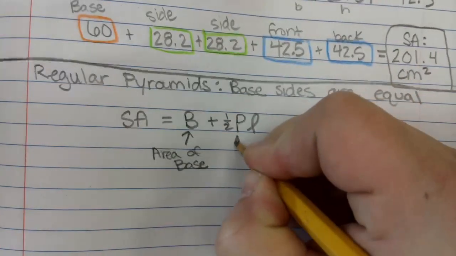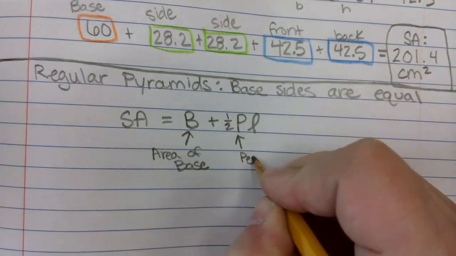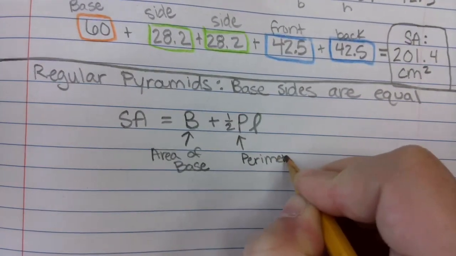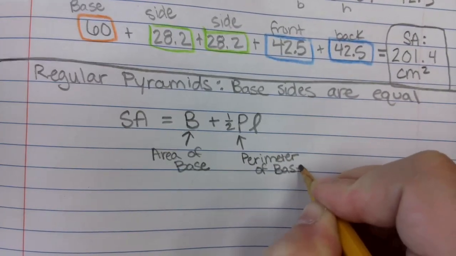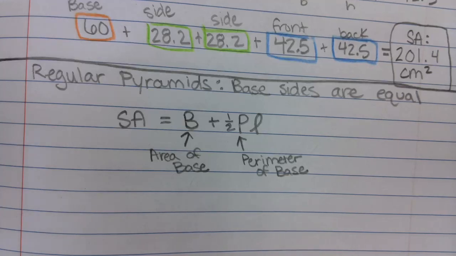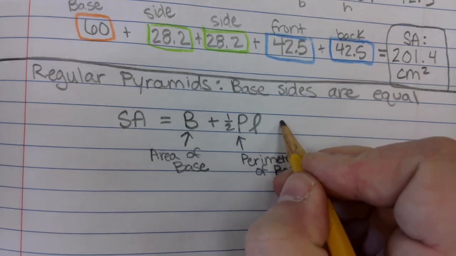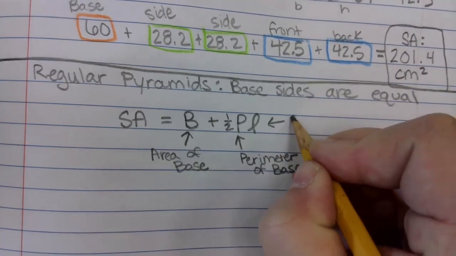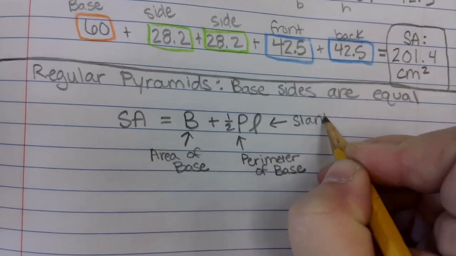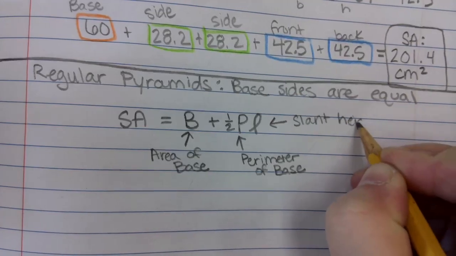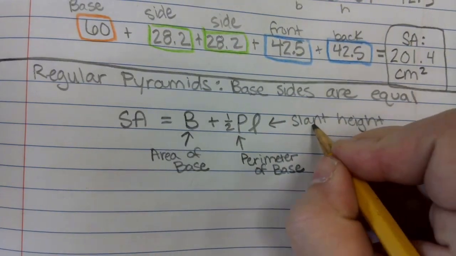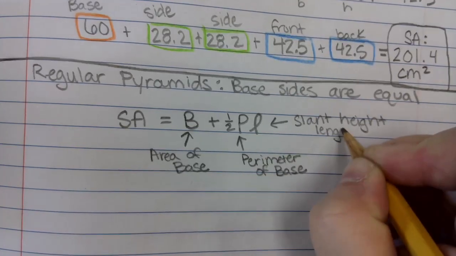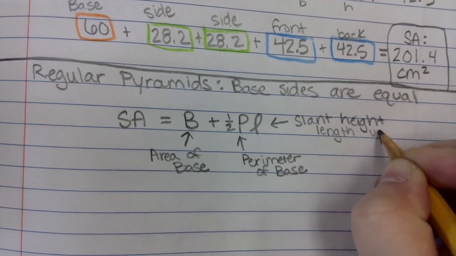P stands for perimeter of the base. And then that L stands for our slant height. And slant height is the length up the side of the pyramid.